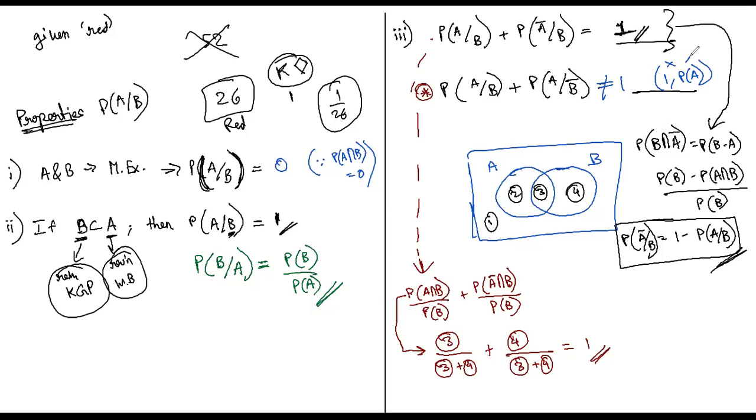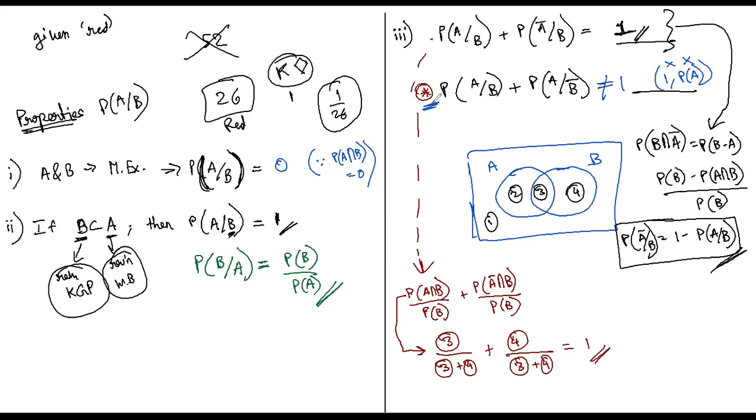It is not necessarily P of A. Intuitively you might feel it is P of A, but it's not. You might think it is the probability of A occurring when B happens or when B does not occur, that is the probability of A. It may seem so, but it's not. Okay?